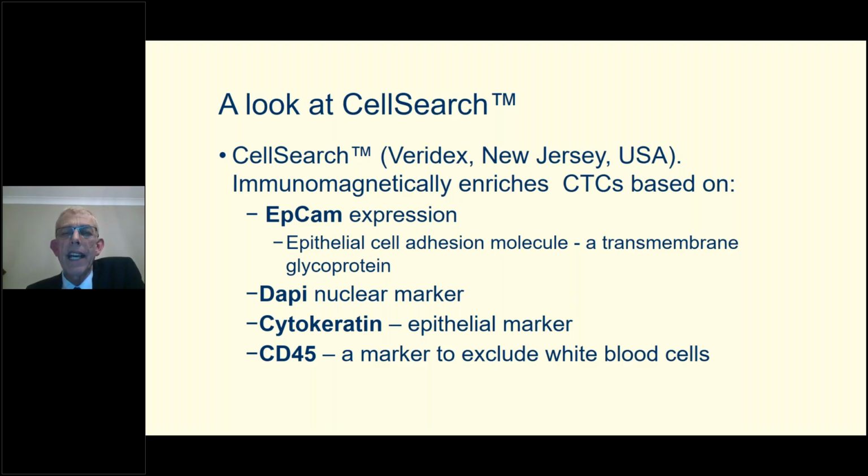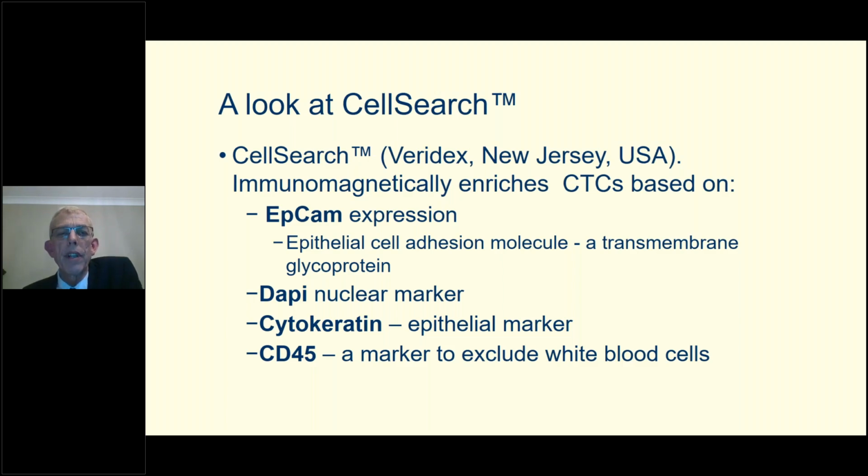So it's an immunomagnetic type platform where CTCs, based upon EpCAM expression in the first instance, the cell adhesion molecule that I talked about earlier, are used to positively enrich for our circulating tumor cells.